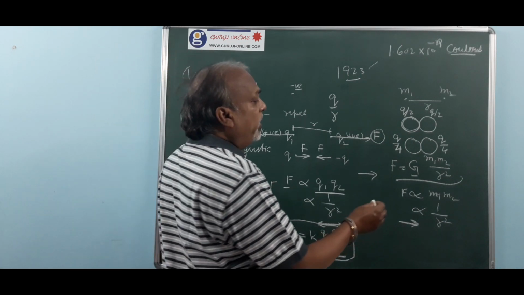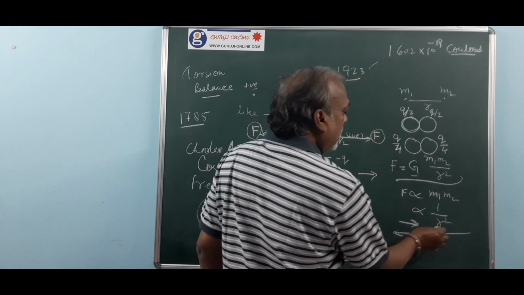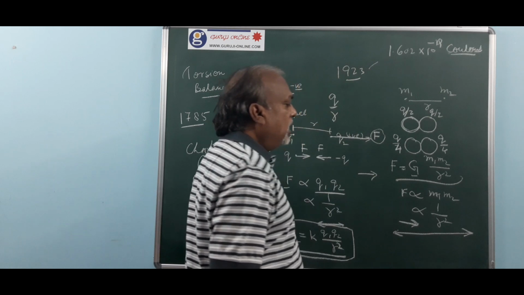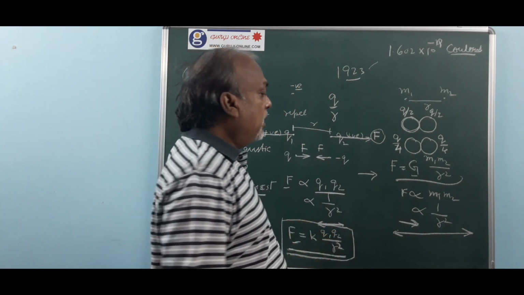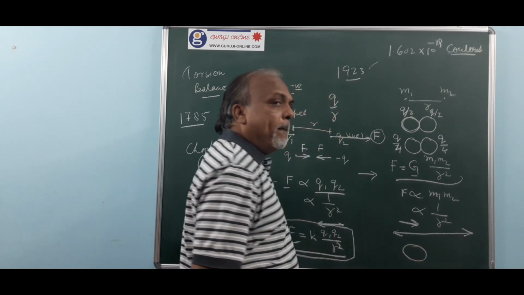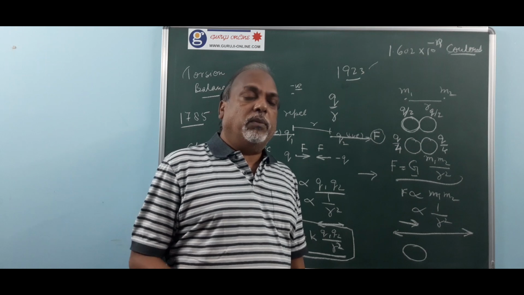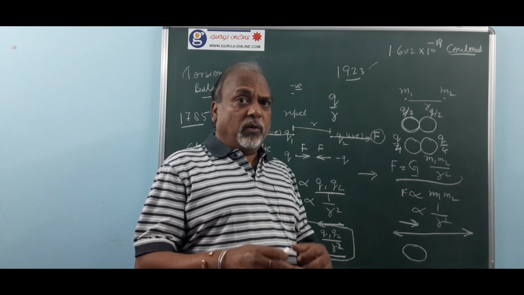But the Newtonian formula is not valid when we go to atomic level, where the distances are very small and the speed is very large, because electrons have a very large speed.